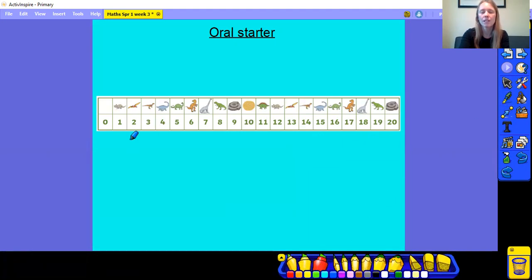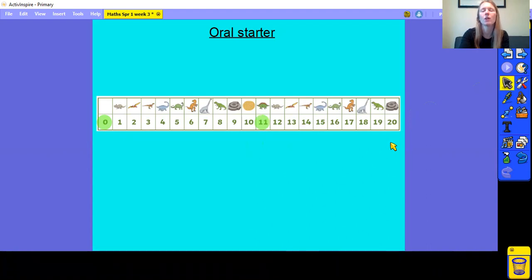Right, let's start counting. Today, the first thing we're going to do is count from 0 all the way up to number 11. First, we're going to count forwards. That means our numbers are going to be getting bigger. Off we go. 0, 1, 2, 3, 4, 5, 6, 7, 8, 9, 10, 11.